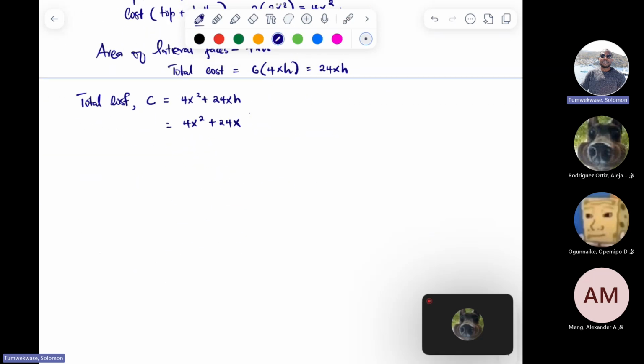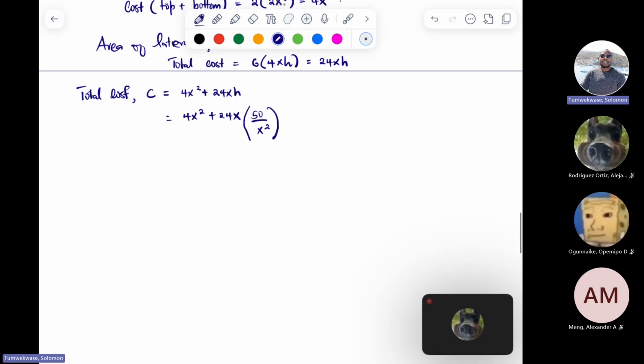So I can substitute 50 over x squared here, and we have something nice. The x here can reduce with this x, and we shall have 24 times 50, which I think is 1,200. So 1,200 over x. So this is our function, and this is some function of x.